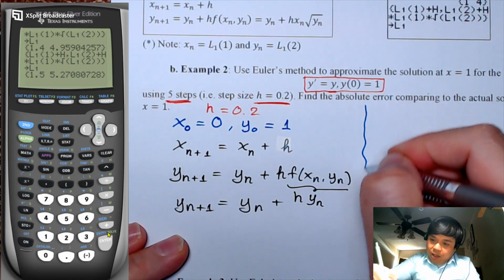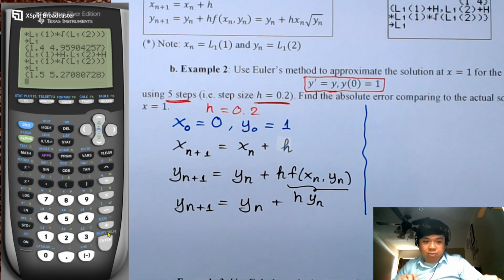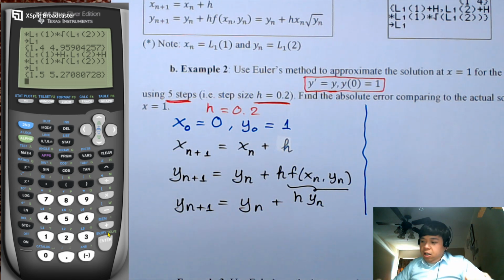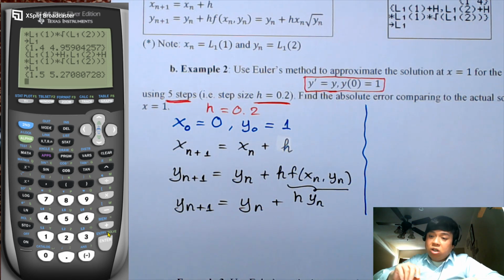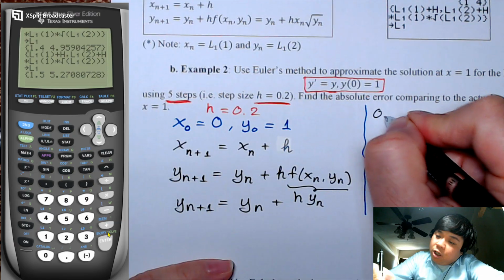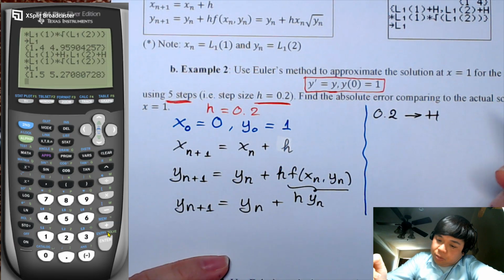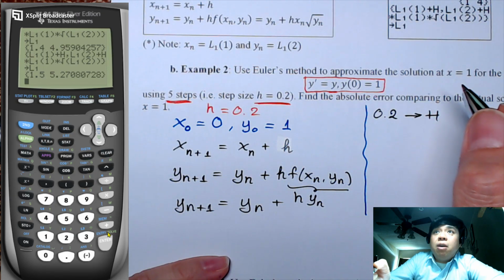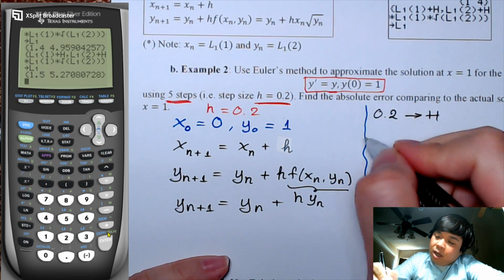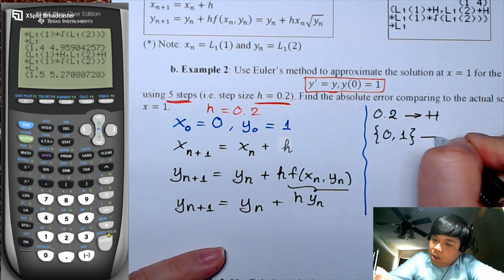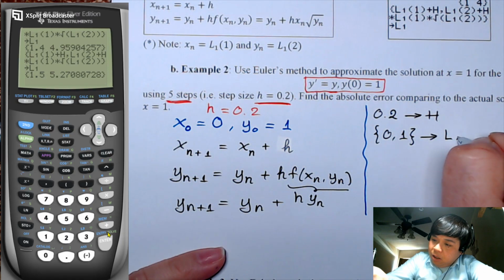Now put it on the calculator. We start with 0.2, this is what we type on the calculator: 0.2 store into h. And then the initial step, 0 and 1 store into L1.